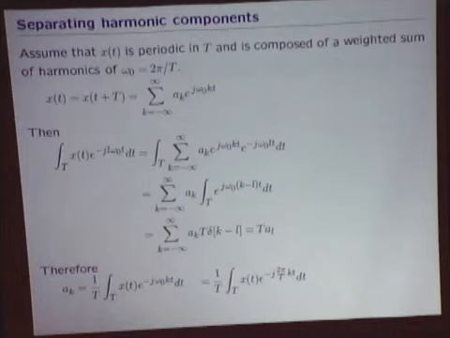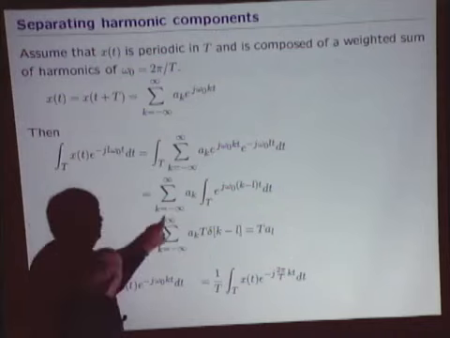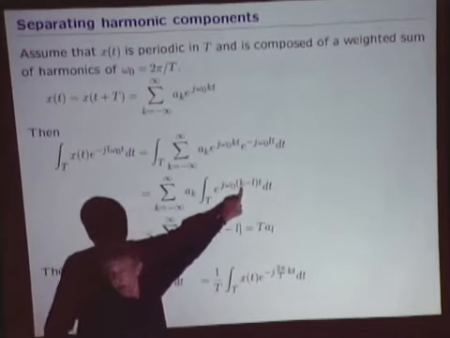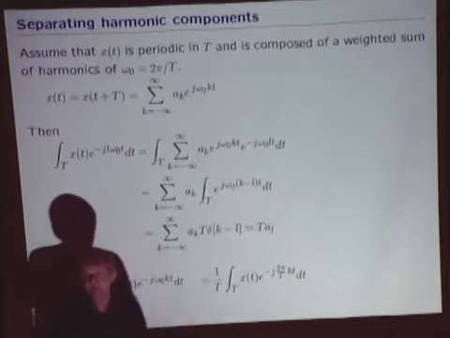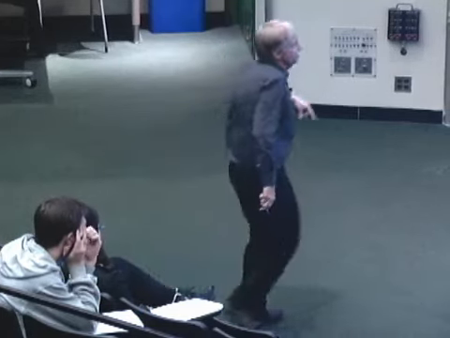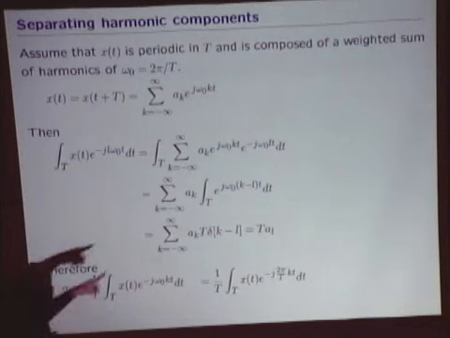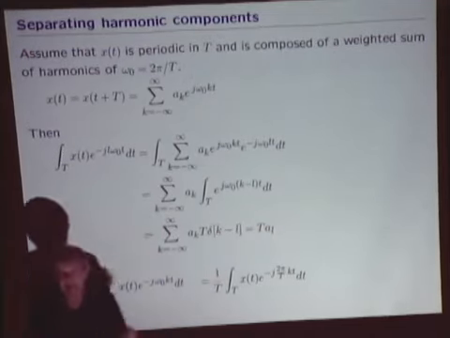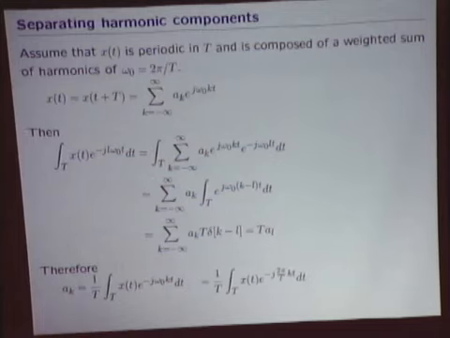If I did that, I would end up with a sum over a bunch of different k's. But for each one, I'd be taking the kth harmonic times the minus lth harmonic. That gives me 0 when I integrate over a period, except when k equals L. If k equals L, I get capital T. So the net effect is to generate T times a sub L. It sifts out one of those coefficients.